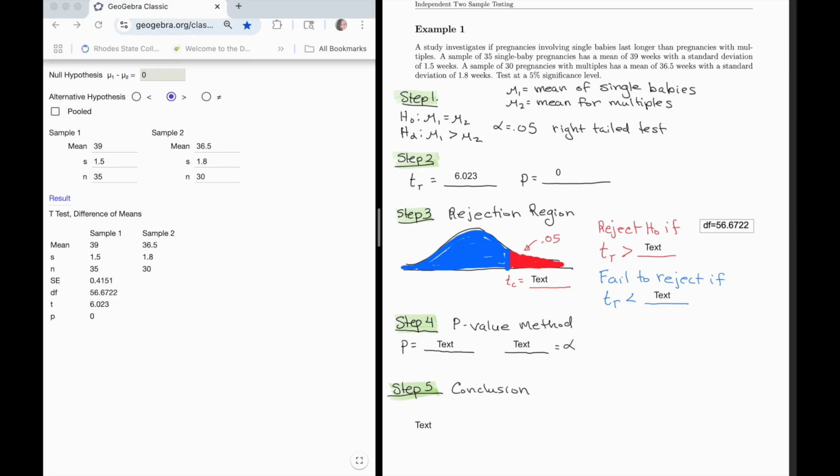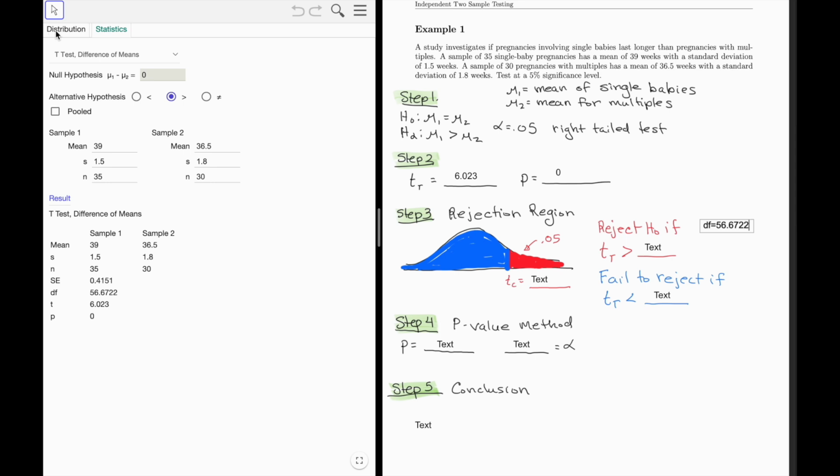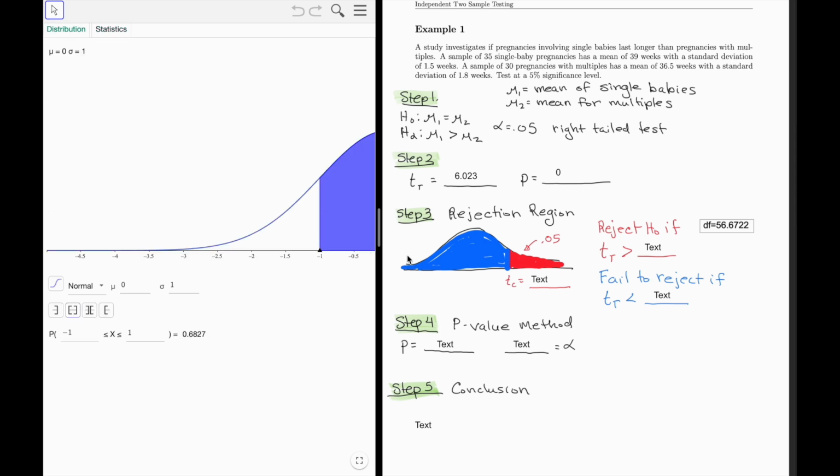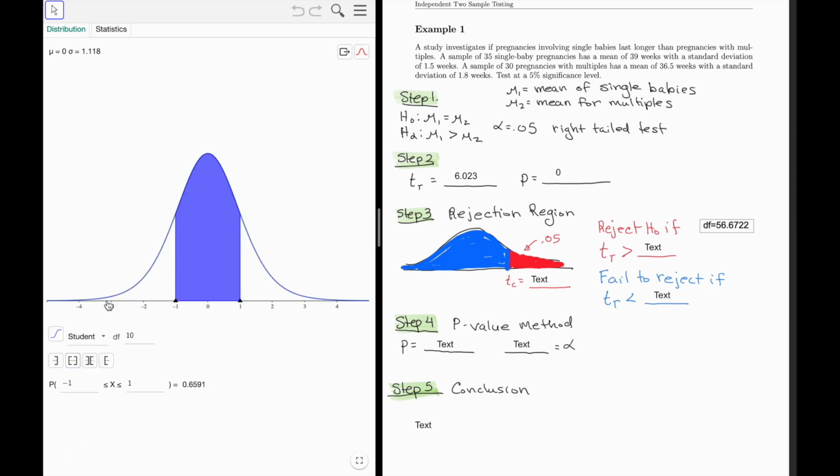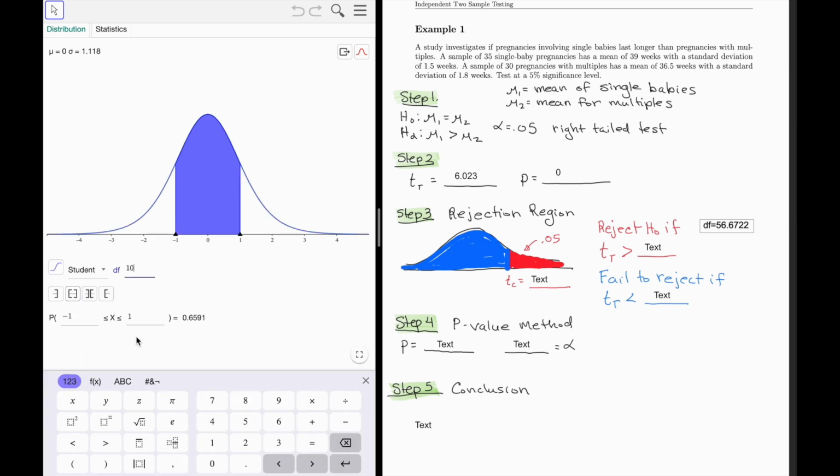Okay, so let's switch over to the distribution, because our goal now is to find that critical value for t and the cutoff point for that boundary. Now we're doing a t-test, so I want to make sure I'm using the student t-distribution. I put in my degrees of freedom here, 56.6722. That's what I got when I ran the t-test for the difference of means.